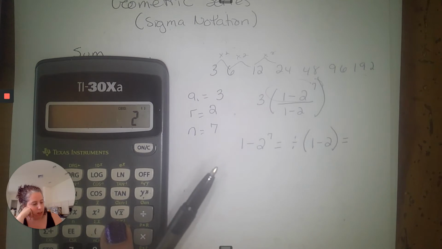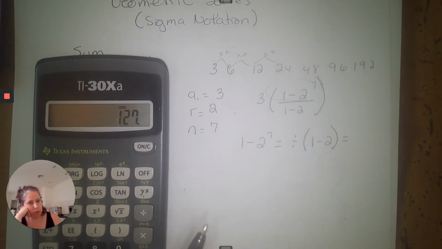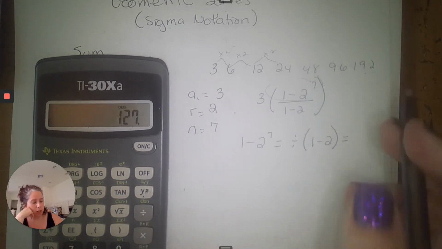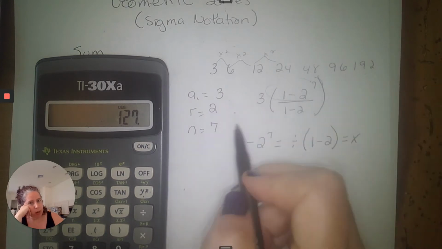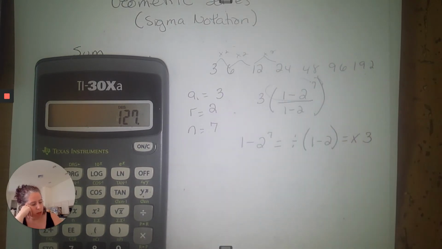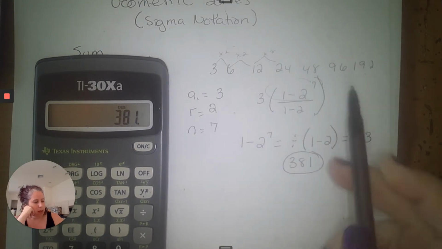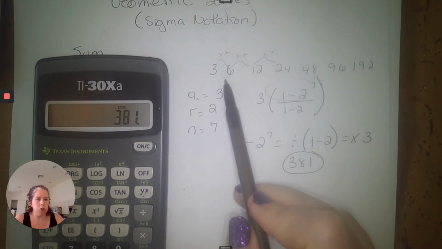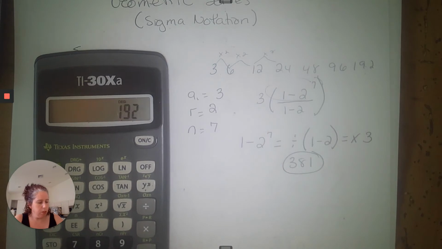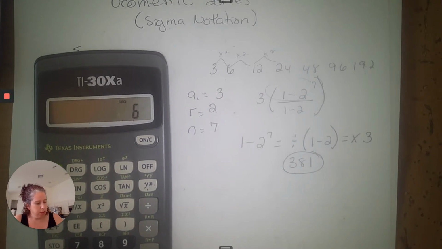So I got 127. Then you times it by the number on the outside, so times 3, and I get 381. If I added all those up, you should get 381: 192 plus 96 plus 48 plus 24 plus 12 plus 6 plus 3 is 381.